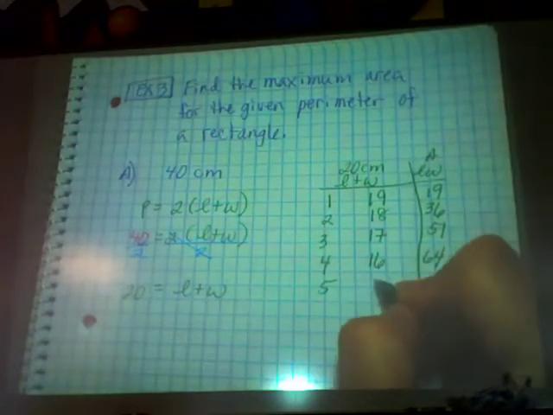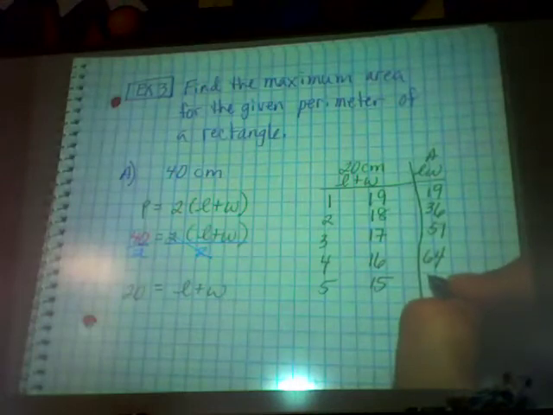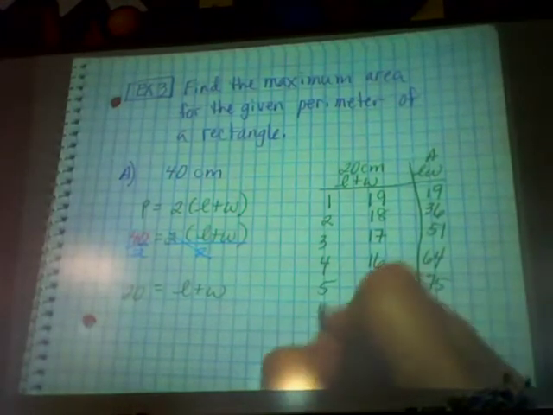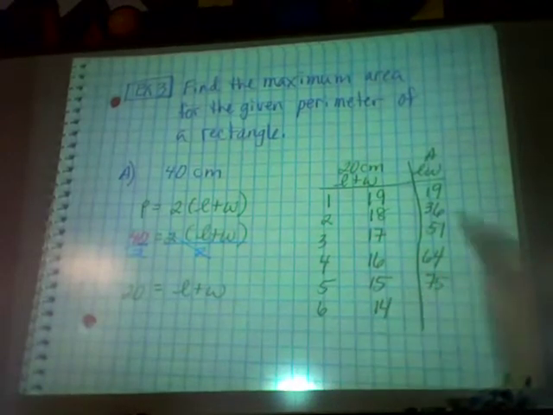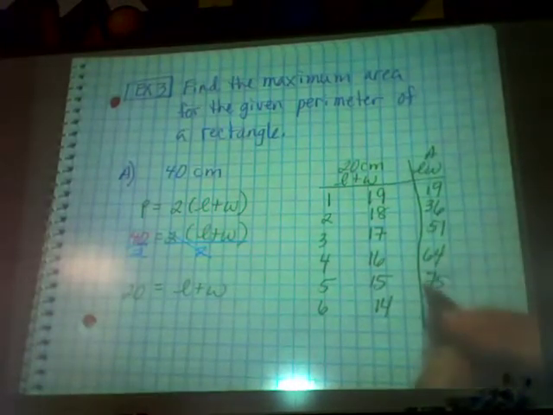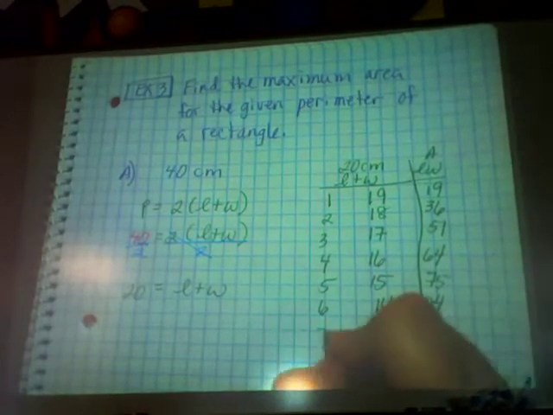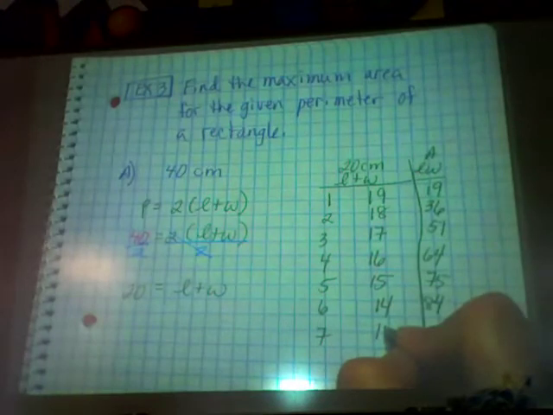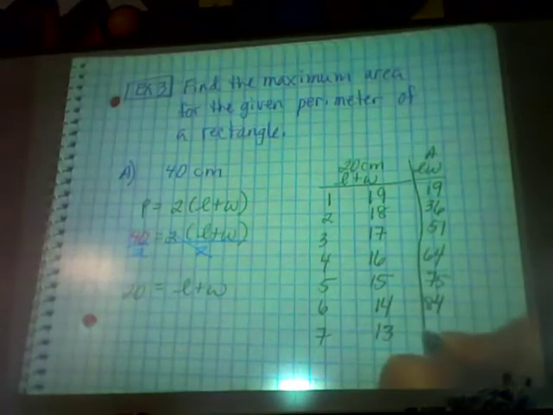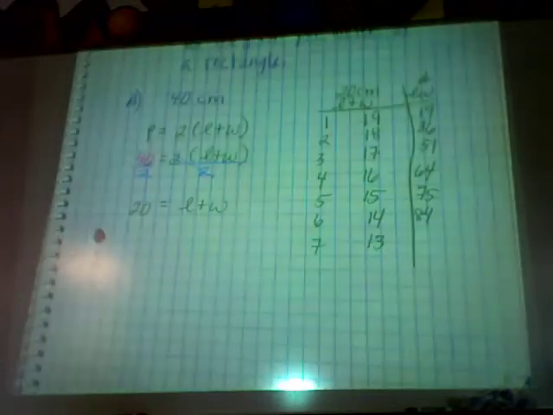5 and what? 15, what is that? 75. 6 and 14. So far we keep getting bigger and bigger. 6 and 14. 84. 7 and what? 13 gives me what? 91.